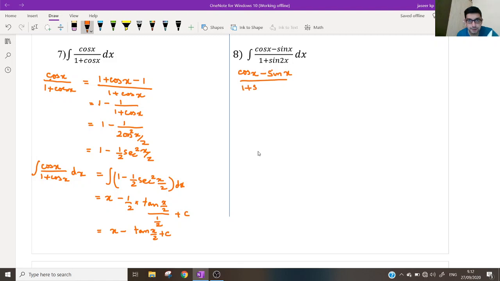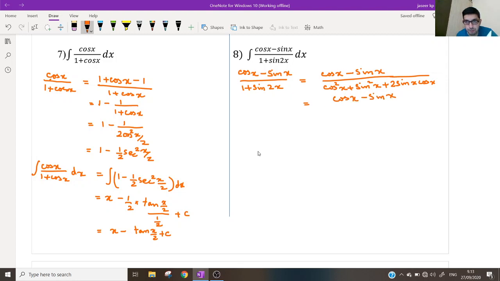The denominator I will write 1 as cos square x plus sin square x, then sin 2x as 2 sin x cos x. The numerator stays as it is, cos x minus sin x.